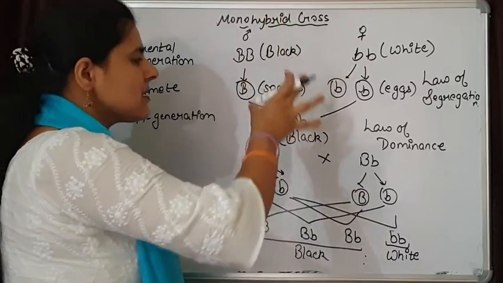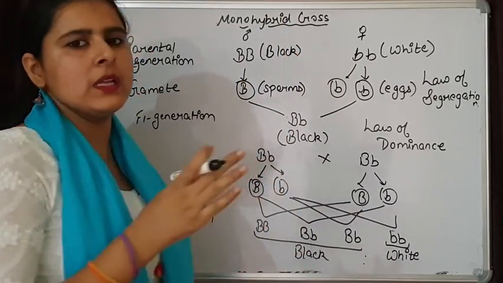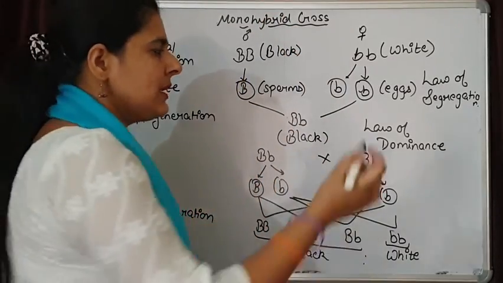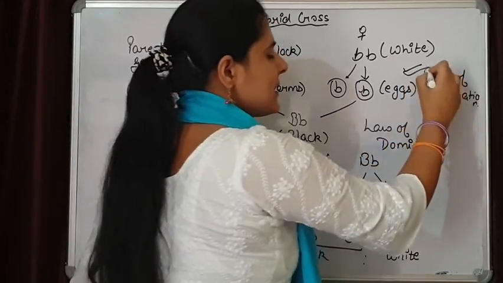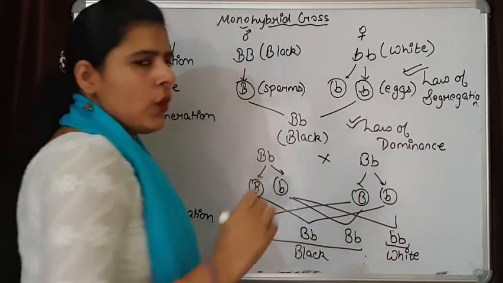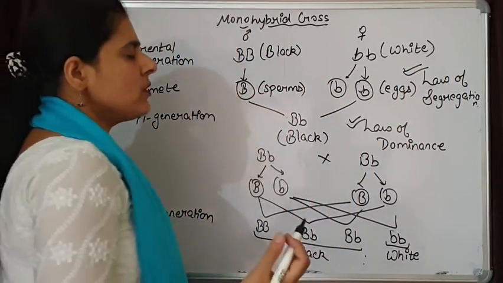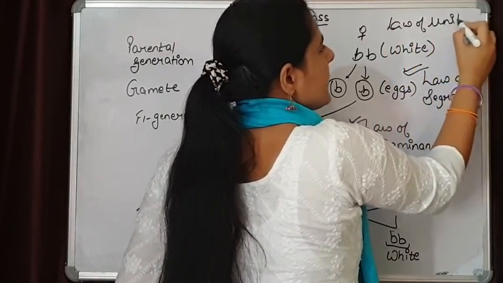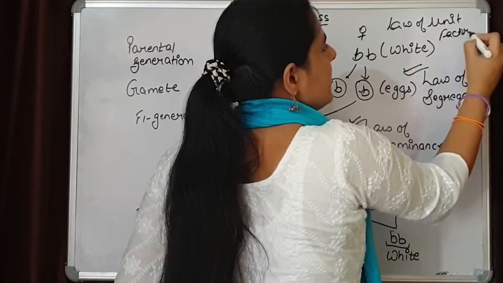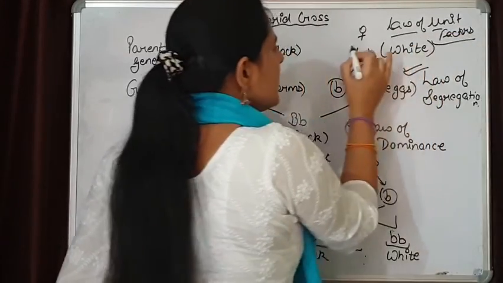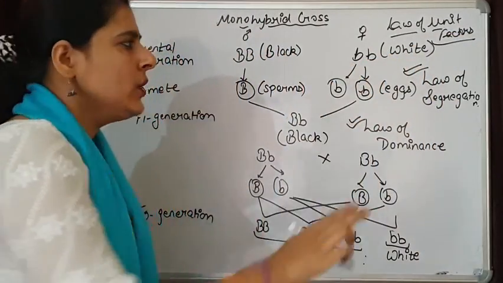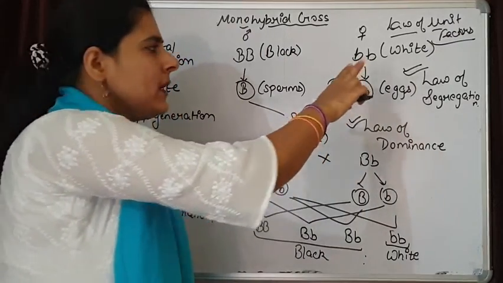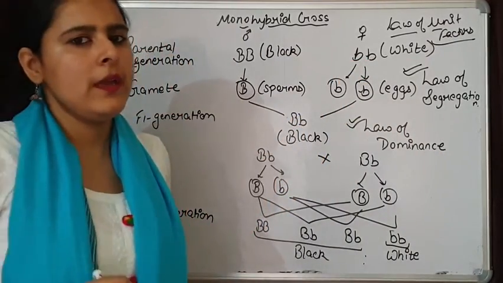This is another example of Mendel's monohybrid cross, that is showing both law of segregation and law of dominance, and we can also explain law of unit factors. These are the unit factors, and two pairs are responsible for the expression.